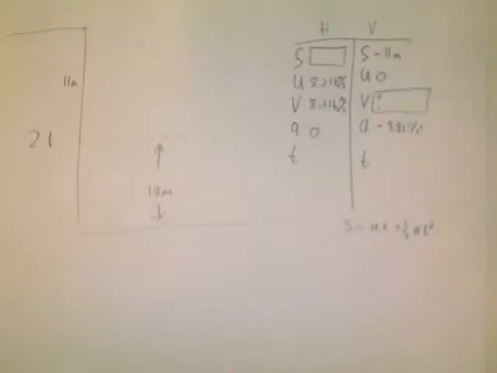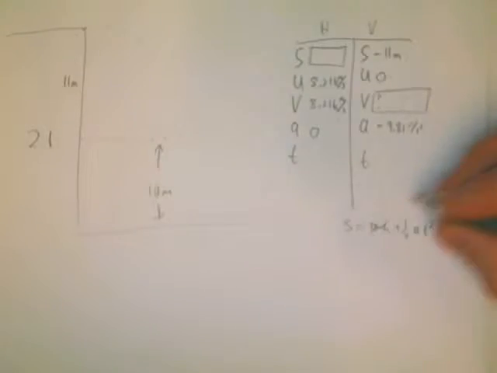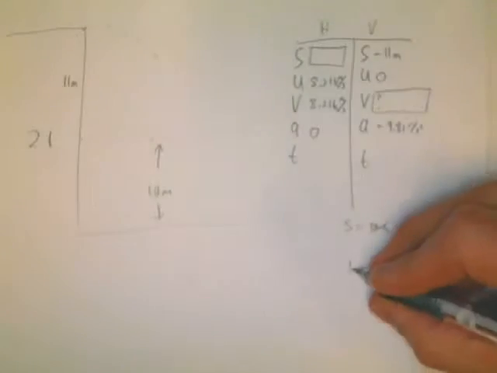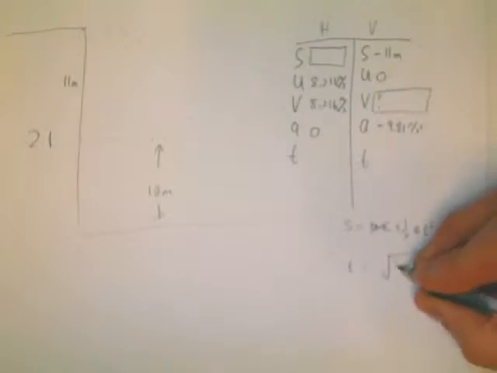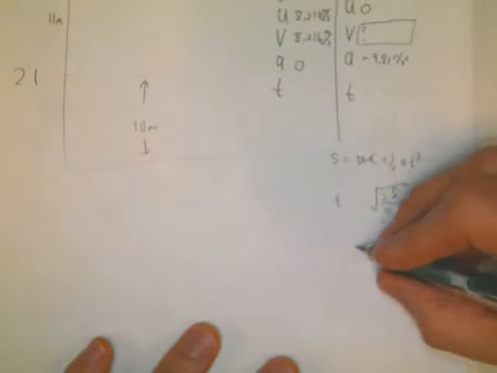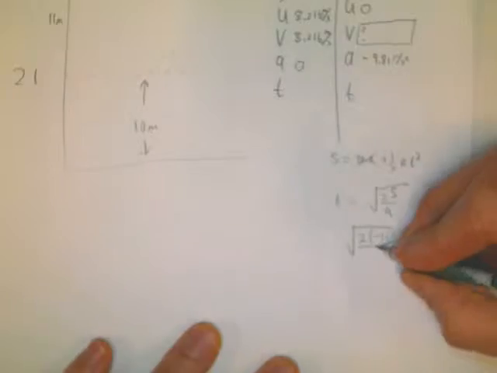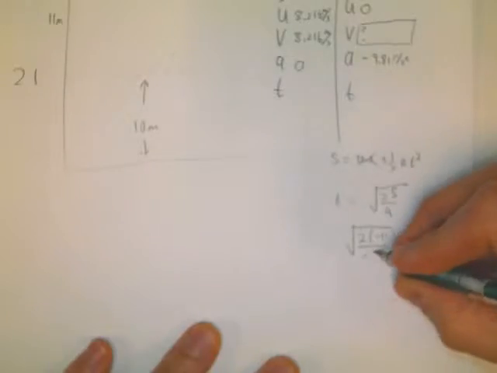The initial velocity is 0, and so t is equal to the square root of twice s over a. Right, so it looks like the square root of twice negative 11 divided by negative 9.81, which in our calculator looks like this.